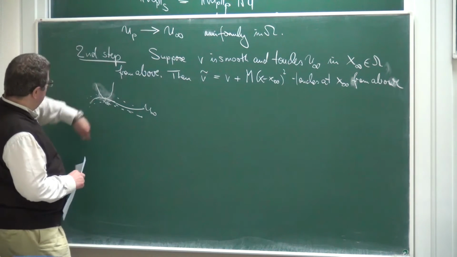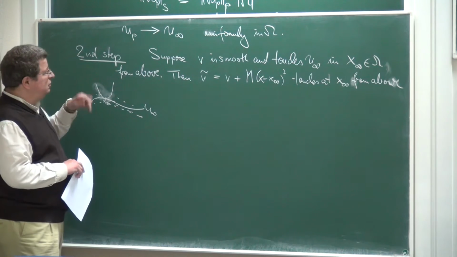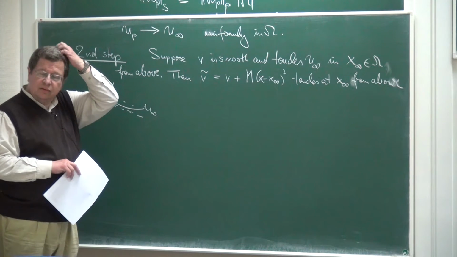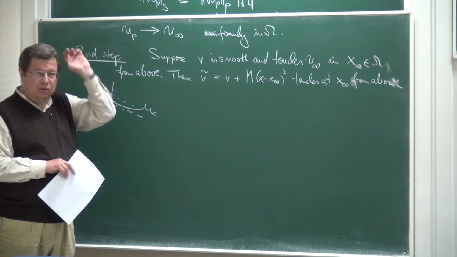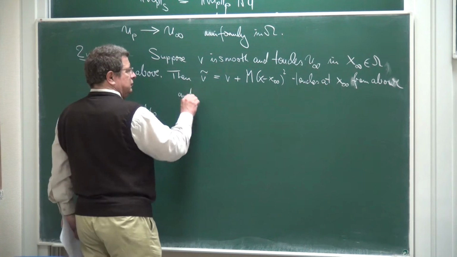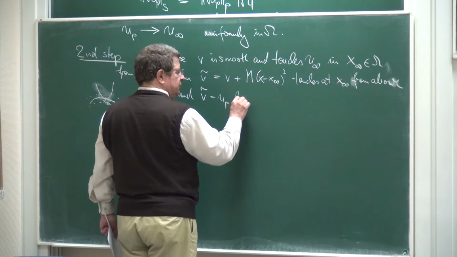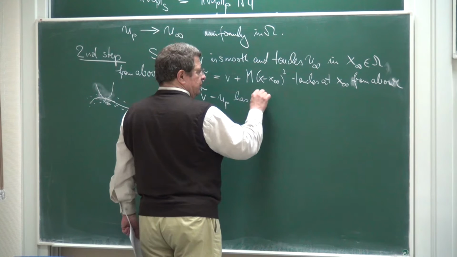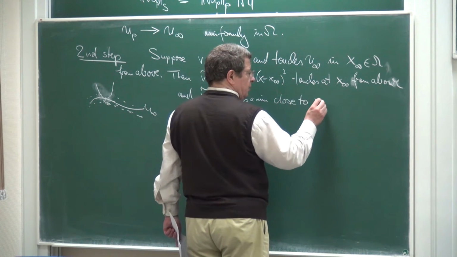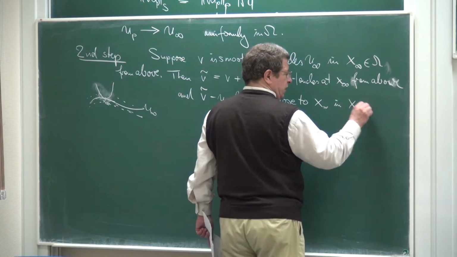And since v tilde has a strict local minimum in the point x_infinity, the function v tilde minus u_p will also have a minimum close to x_infinity in a point x_p.